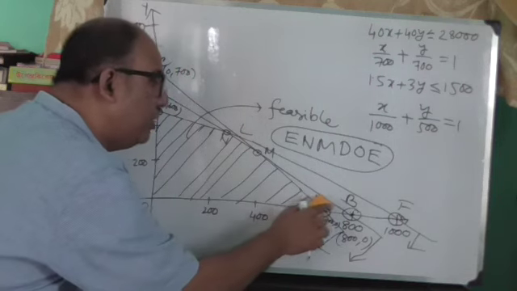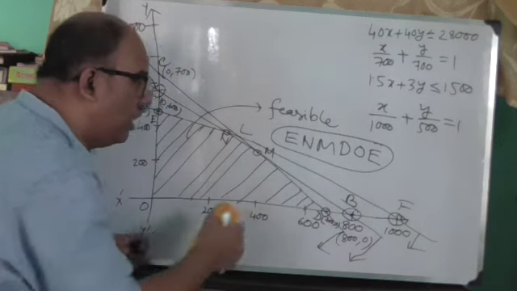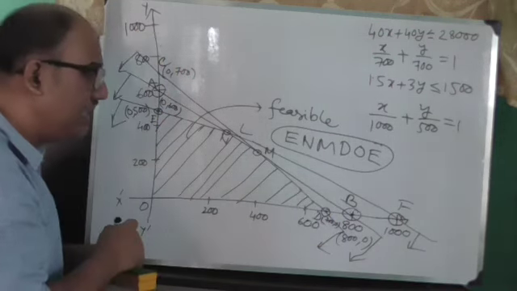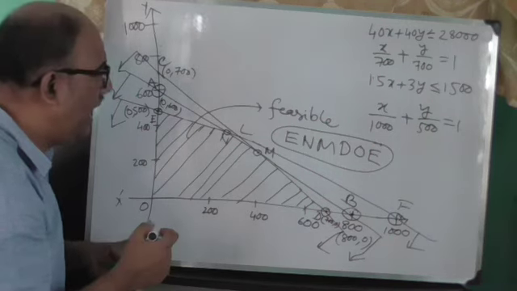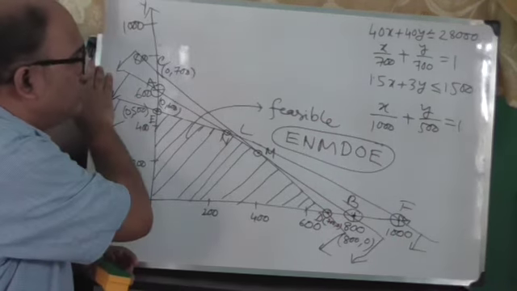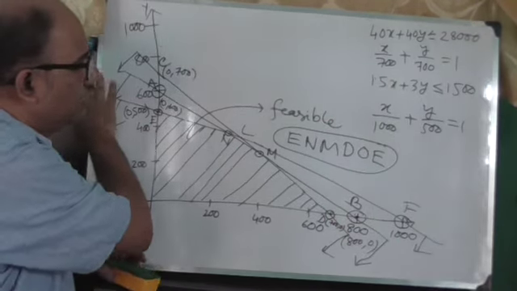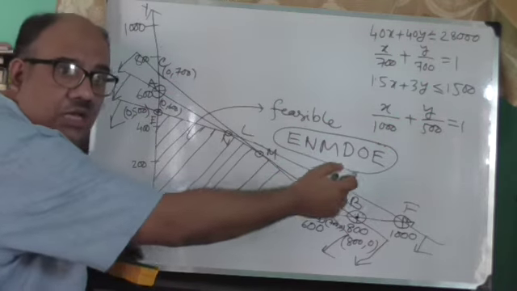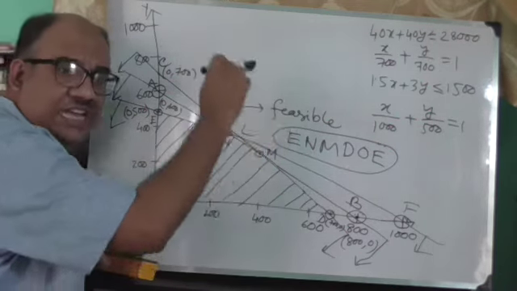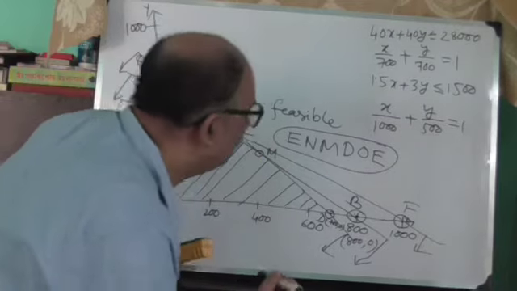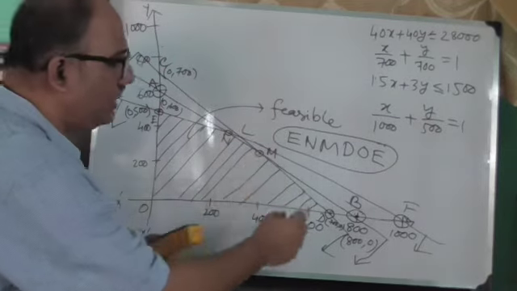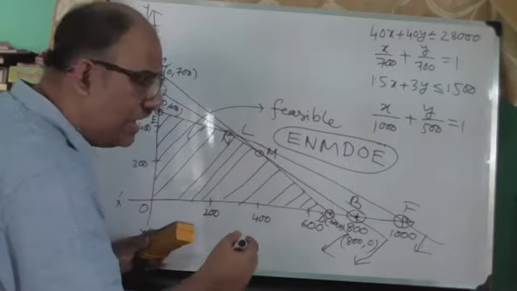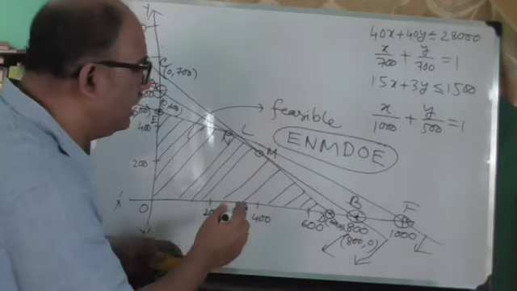So the common region under all the 3 straight lines is the feasible region, and for this particular problem, this feasible region is ENMDOE. So we have already drawn the constraints and the feasible region, and we have used up the constraints as well as the non-negative restriction.